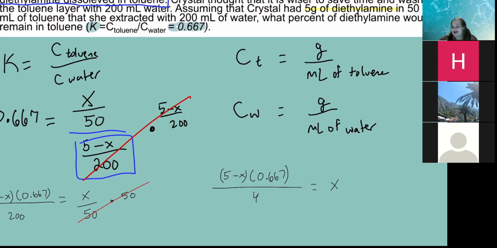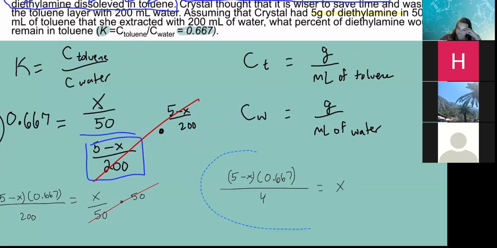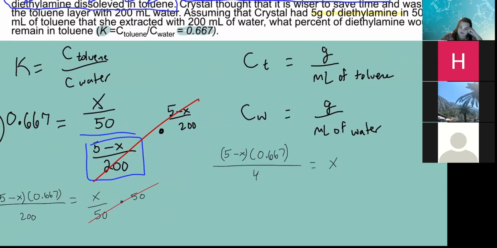Now, just solve as is, okay? All we're doing is the order of operations. So we do 5 times 0.667 and then x times 0.667. So now we move that up. 5 times 0.667 is 3.34 minus 0.667x divided by 4, which is equal to x.